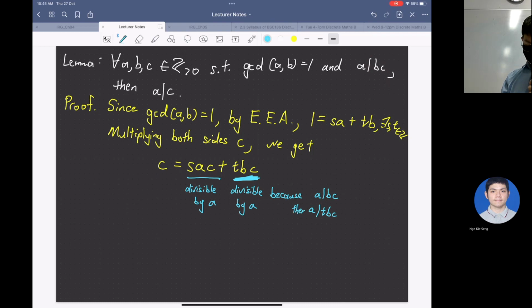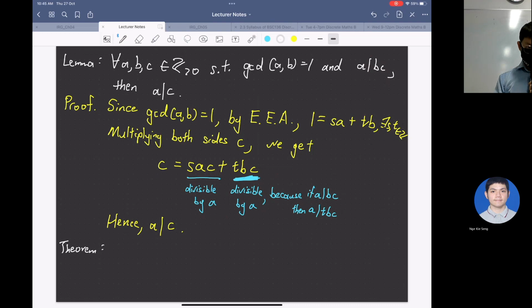If A divides both terms, then A divides the sum of them. We proved this at the very start of the class. So hence A divides C. So we use all the tools that we have learned up to now to see this. And then this will give a way to compute modular arithmetic.